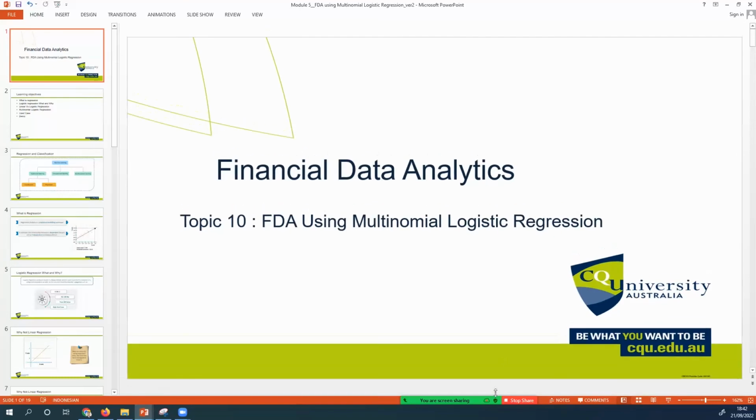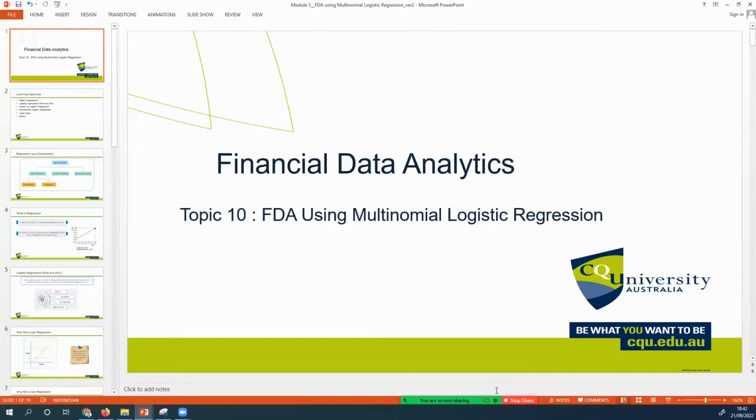As you all had the class before regarding financial data analysis using binary logistic regression, the previous class was the binary logistic regression. In tonight's class, we are going to go deeper into multinomial logistic regression.